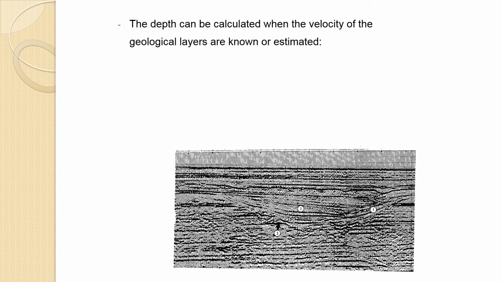If we know the velocity of the media and we receive the signal back, so we have the time. So you know the velocity and the time, and all of us know that multiplying velocity by time gives us distance. So simply we can say that we can calculate the thickness or the depth to the specific interface.